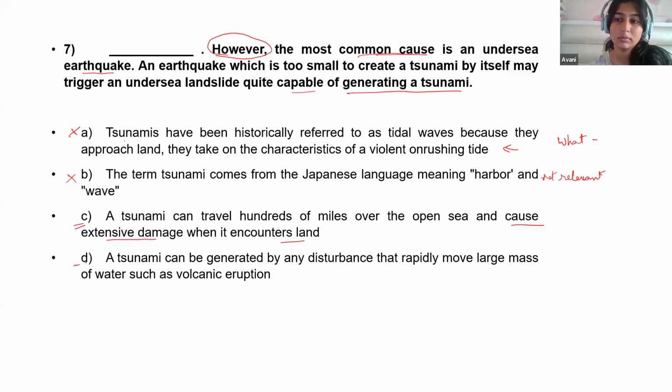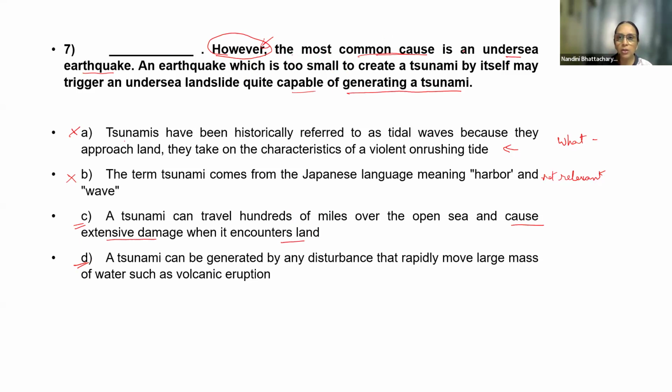Okay, so let's see. Shyam says C and Avni says D. Now, the sentence given to us begins with "however," that means before this they would be talking about another cause of tsunami.